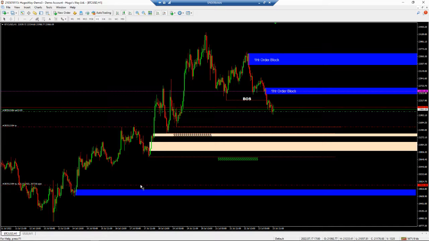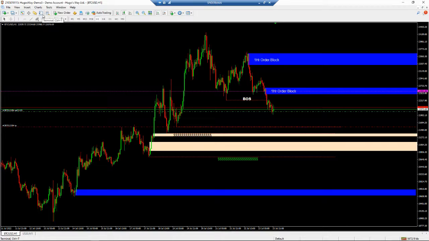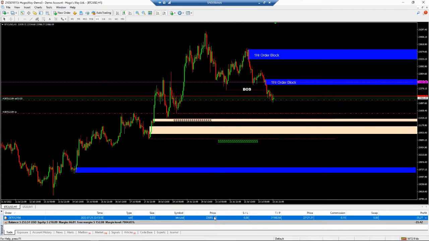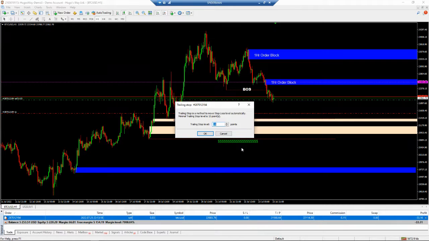And that's roughly about 207,718 pips. So what I'll do is I'll go here and put a trailing stop at that amount of pips. 207,218 pips.